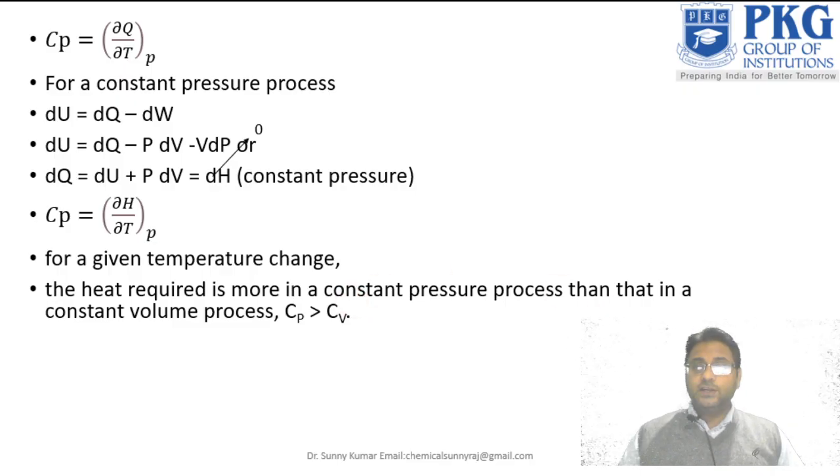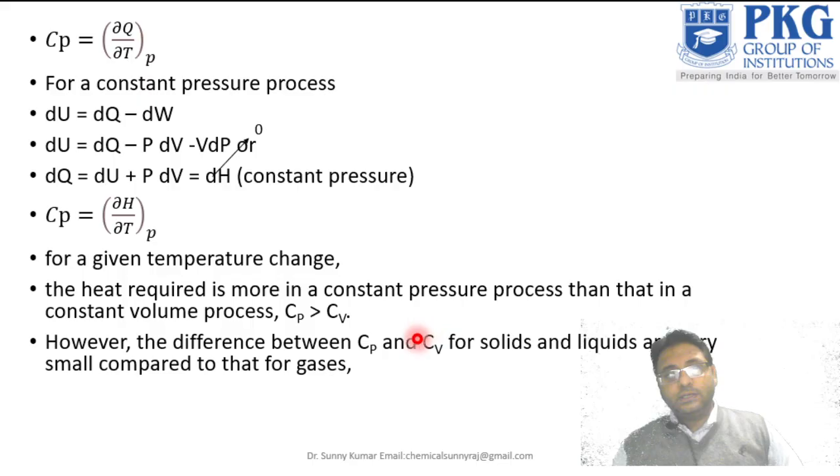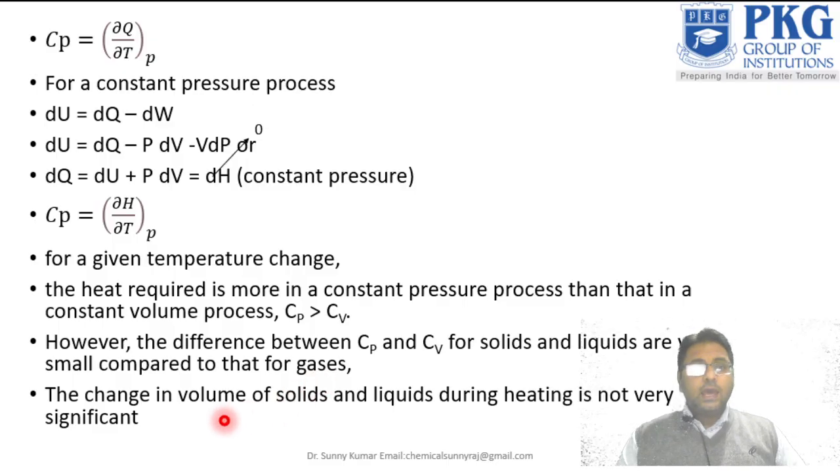However, the difference between Cp and Cv for solids and liquids is very small compared to that of gases, and the change in volume of solids and liquids during heating is not very significant.